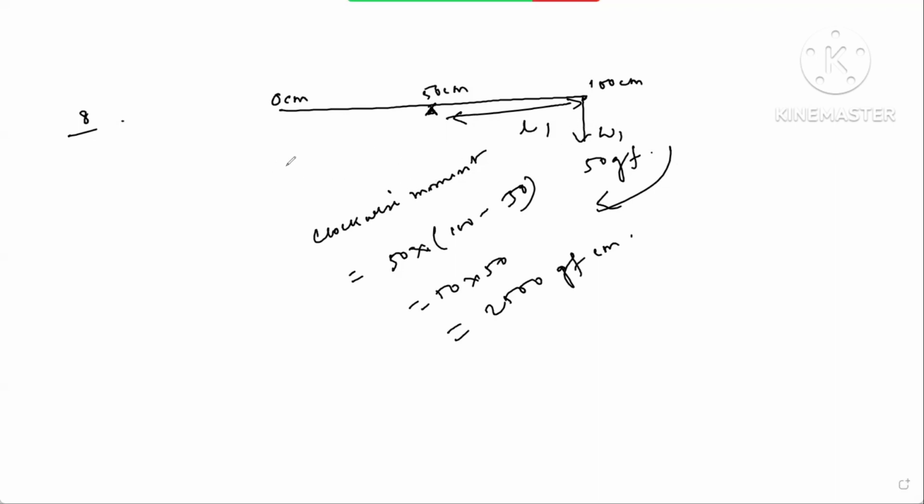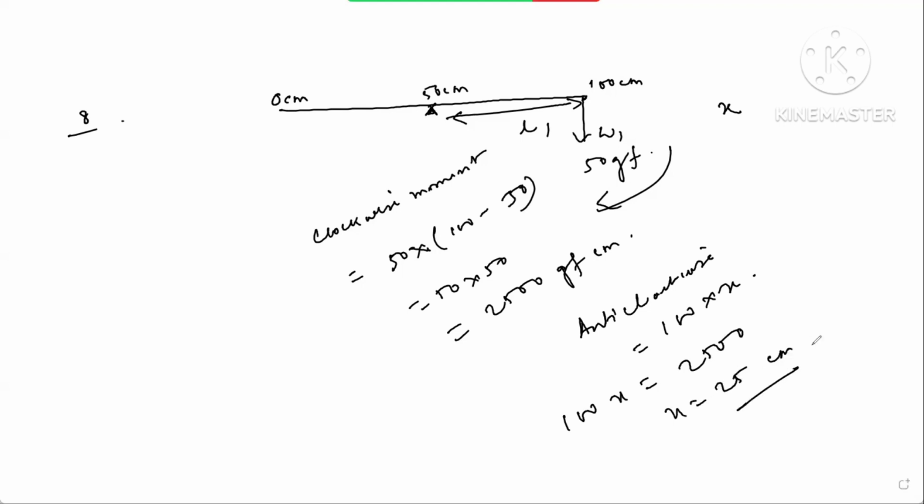Now we have to balance it. So what will be the anti-clockwise moment? Where should the weight of 100 gram force be suspended? Let the weight of 100 gram force be suspended at a distance x on the other end. So anti-clockwise moment equals 100 into x. So 100x equals 2500, so x equals 25 centimeter from the other end.